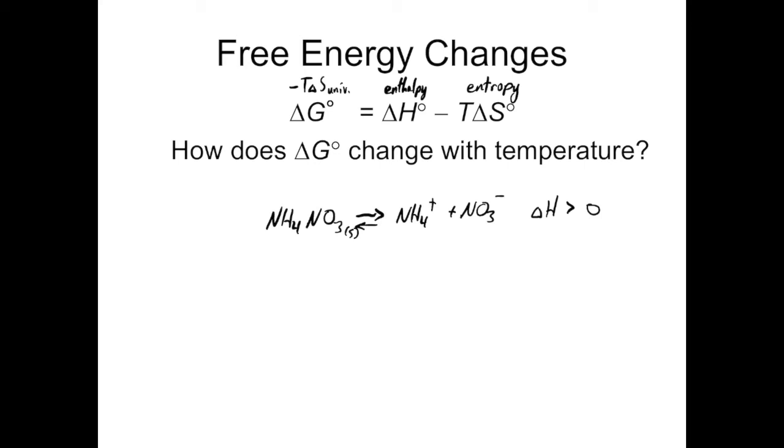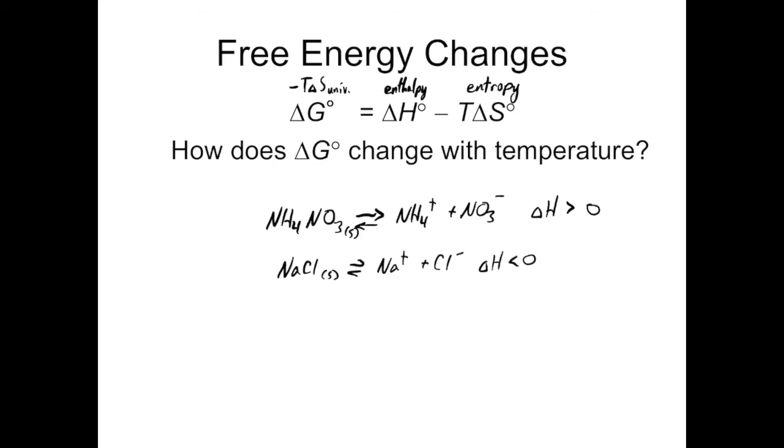So this process is endothermic. The splitting up, delta H is positive, and it's spontaneous. That happens automatically. You don't have to do anything. You just dump it in the water and it splits up. Another reaction is sodium chloride in water.